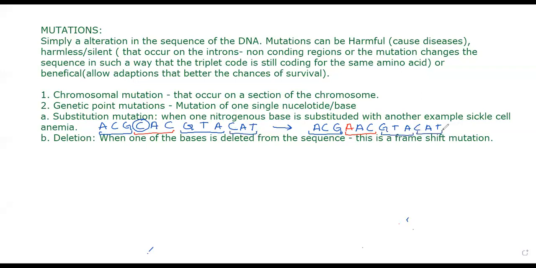So only one particular amino acid will be different, and that's this one. Instead of CAC, we now have AAC. So whatever amino acid was supposed to come, that amino acid will not be correctly incorporated. The wrong amino acid will be incorporated into the polypeptide chain. This is a substitution mutation.